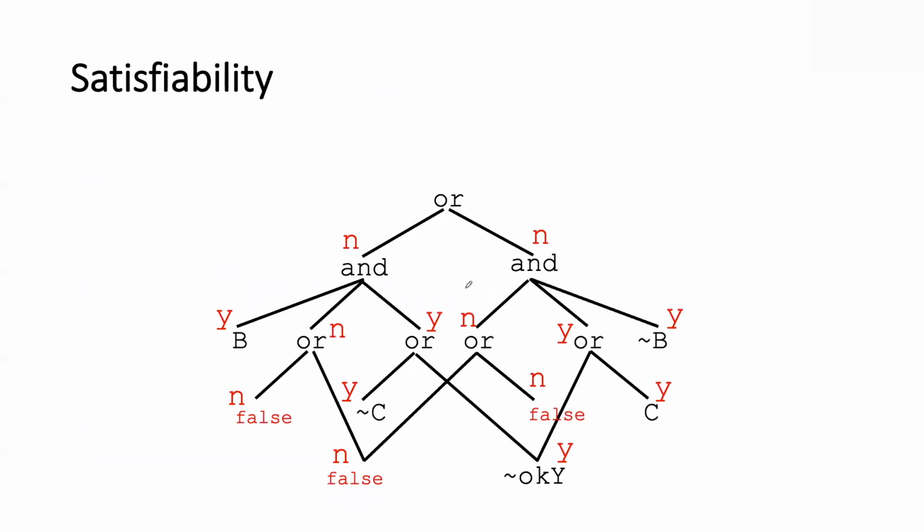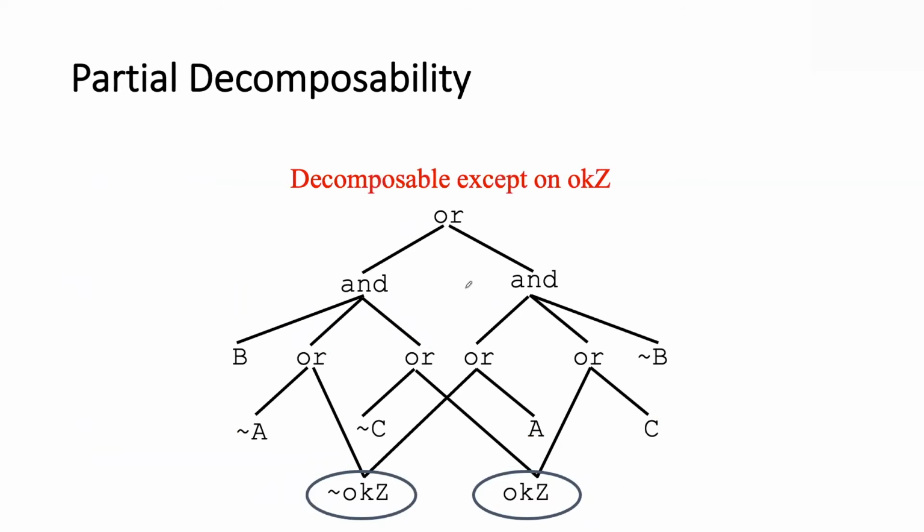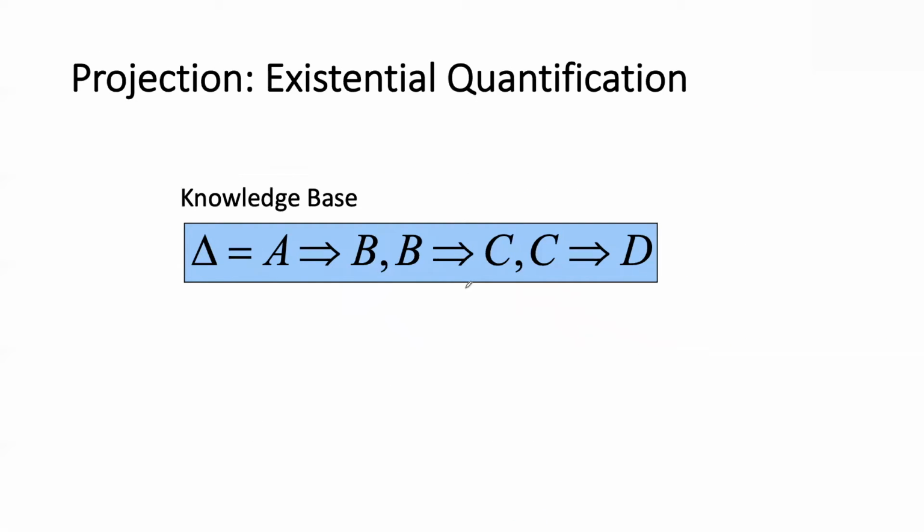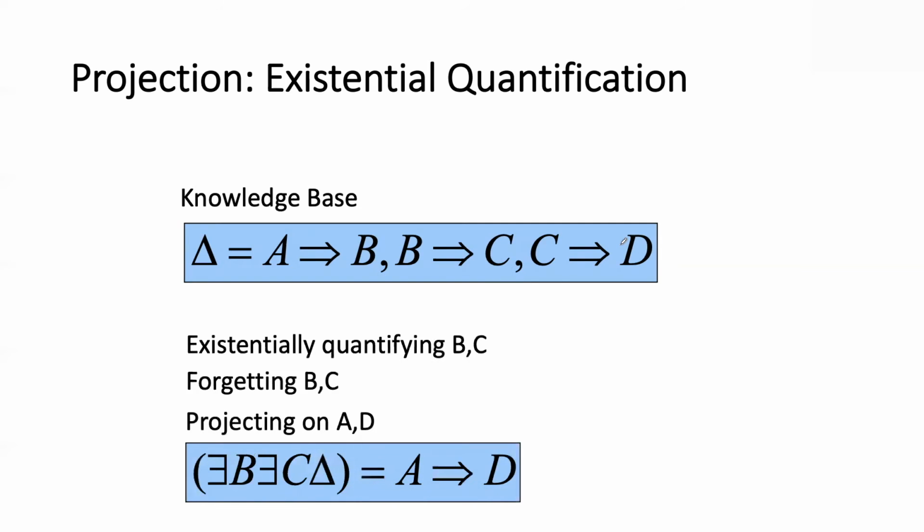Let's do one more operation before we go to our break. Now, you remember this guy. We called it existential quantification or projection. And the idea was that you have a knowledge base like this. In this case, it says A implies B, B implies C, C implies D. And what I want to do is existentially quantify some variables.